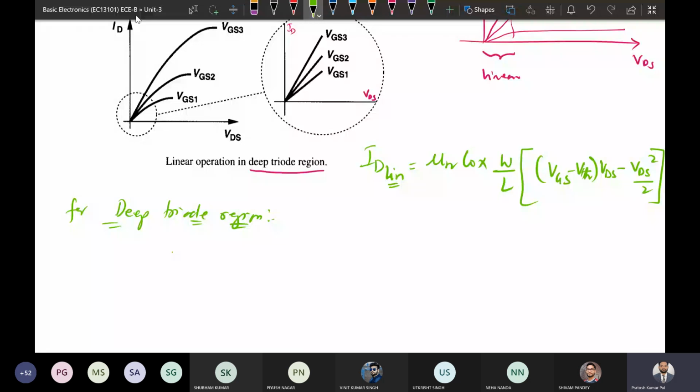If we arrange it, it will be like 1 by 2 mu n Cox W by L, 2 times VGS minus VTH into VDS. So this 2 and 2 will be cancelled.